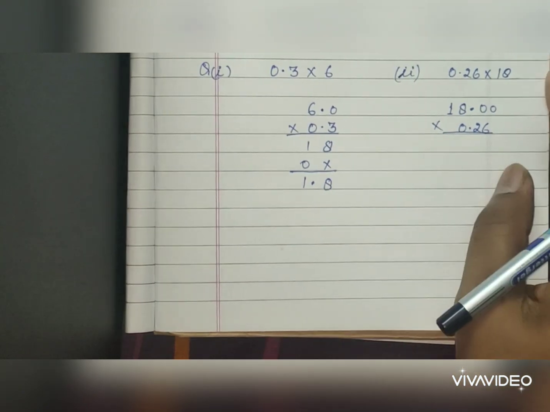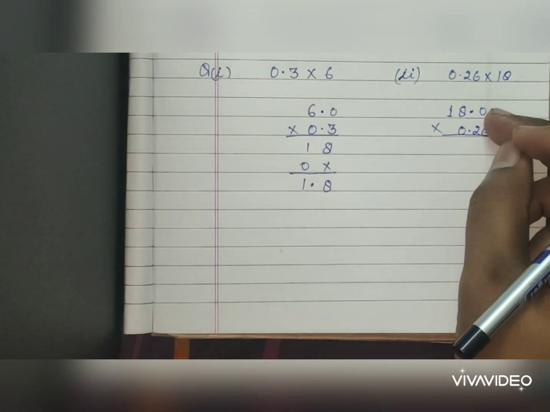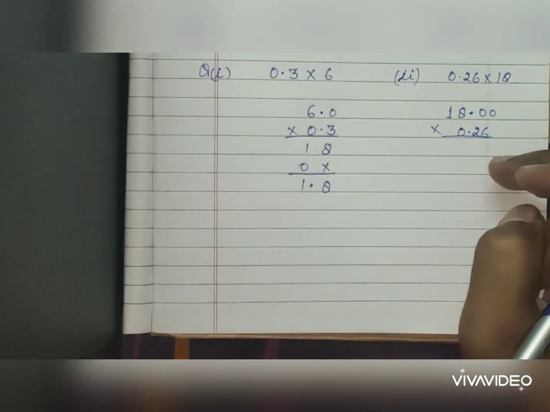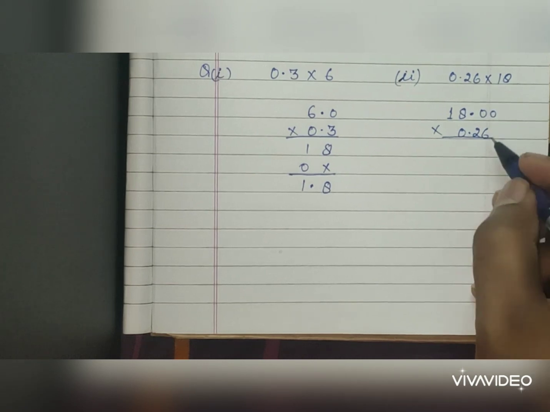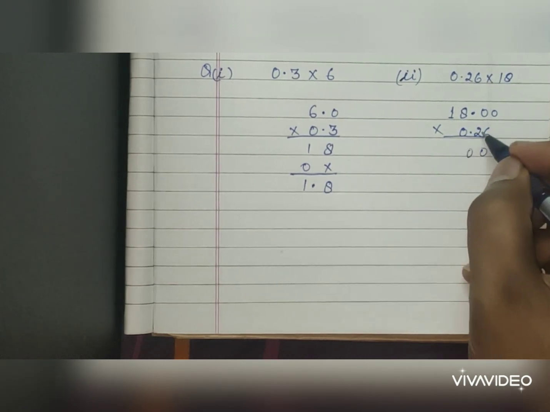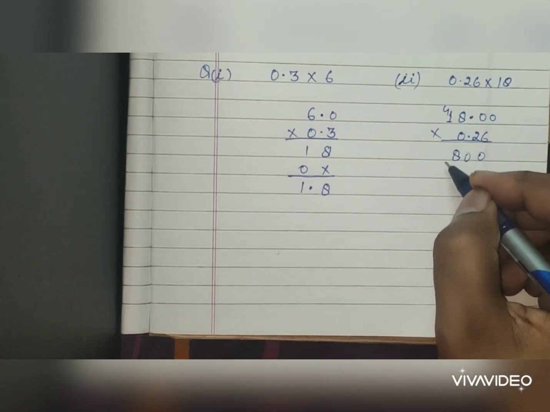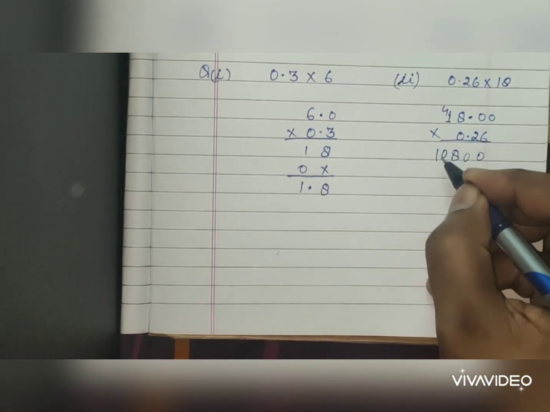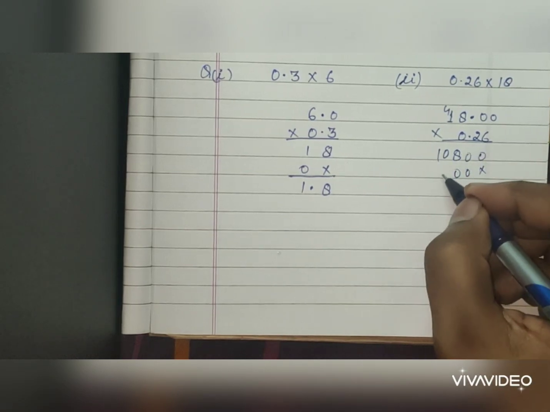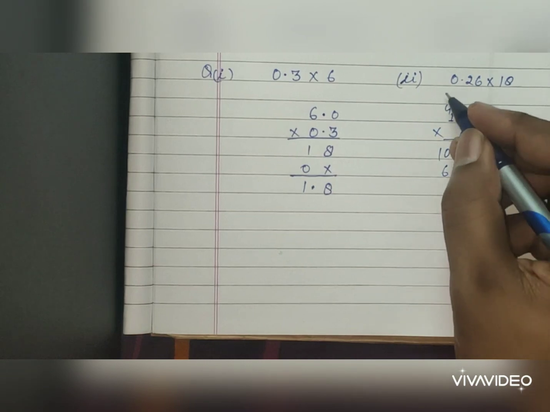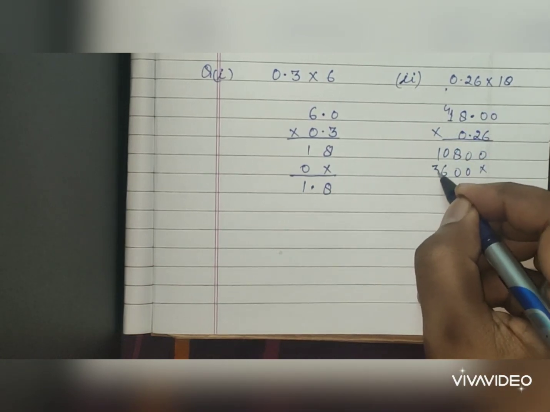Now let's see another question. 18.00, I have written it to balance this. So now let's start the multiplication from the right side. 6 zeros are 0, 6 zeros are 0, 6 eights are 48, then 4, 6 ones are 6 plus 4, 10. Again 2 zeros are 0, 2 zeros are 0, 2 eights are 16, then carry over 1, 2 ones are 2 and 3.